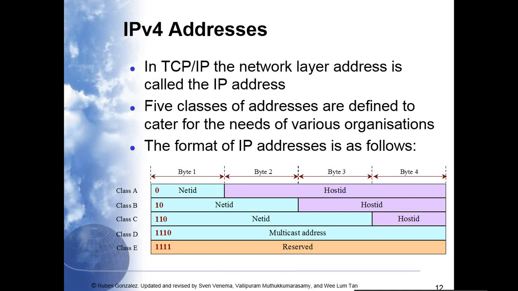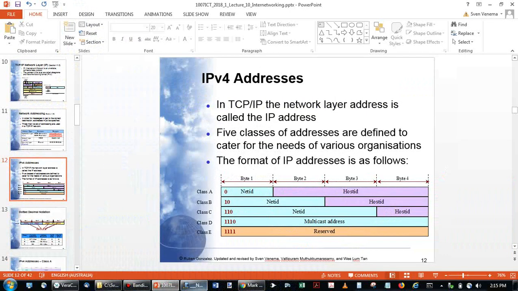And you'll see that class A has a very small network ID and a very big host ID on this diagram. I'll show you a different diagram in a second. We'll walk through a bit of this, but you'll see that class B has a slightly bigger network ID and a slightly smaller host ID, and so on, and class C has a bigger network ID again and a smaller host ID again. So we have some range of values here. We're really only interested in class A, B, and C, by the way, for the purposes of this particular course.